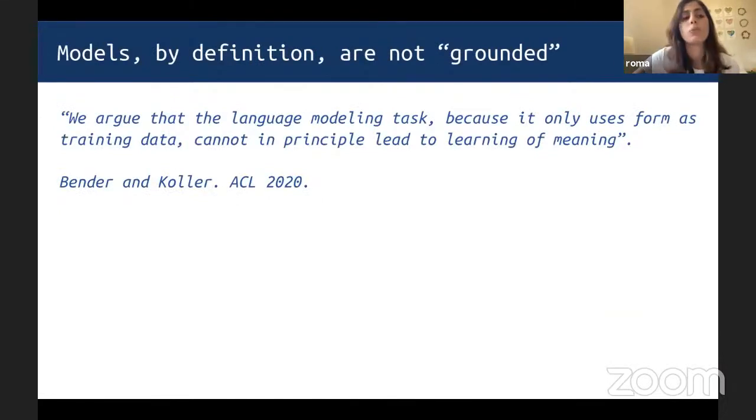However, there's been a lot of work that also says that these models have this fundamental lacking, which is that by definition, they're not grounded. There's this paper that argues that the language modeling task, because it's only ever trained on the form of words, cannot actually know the meaning of the words.